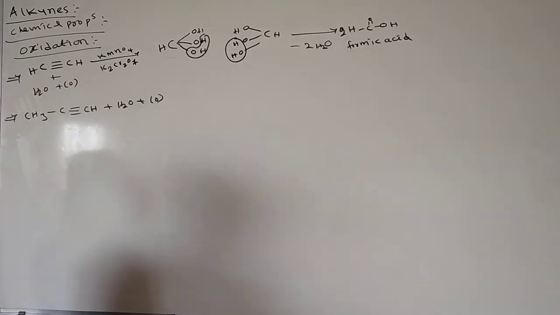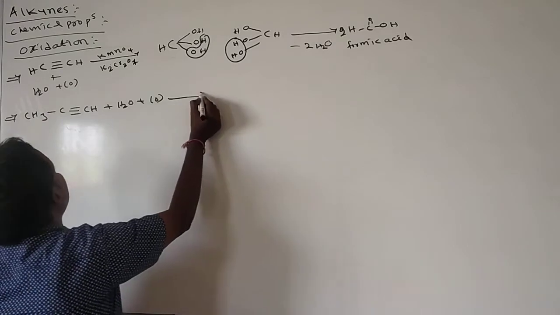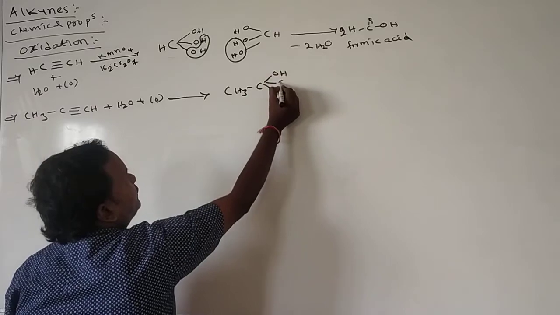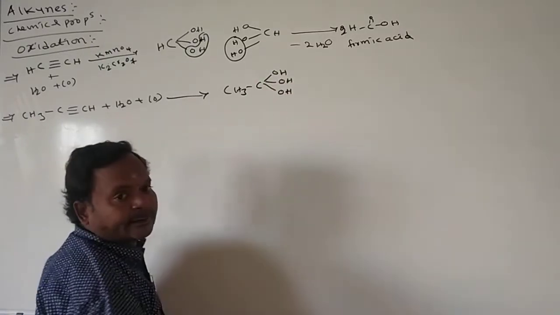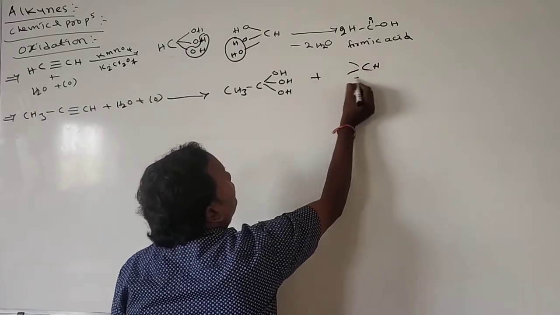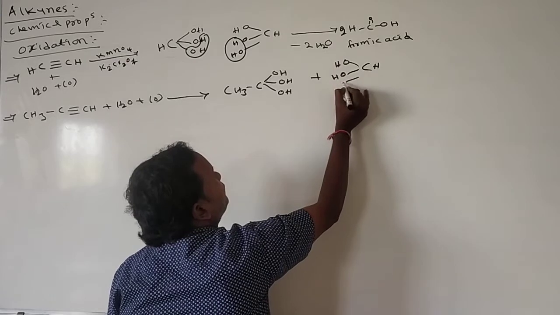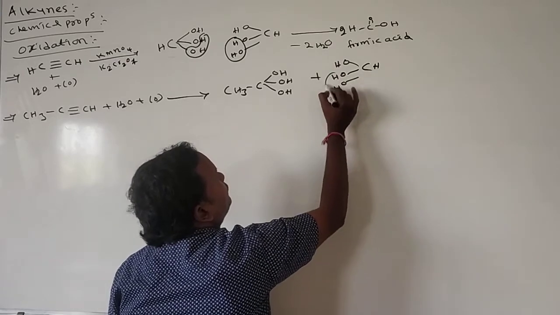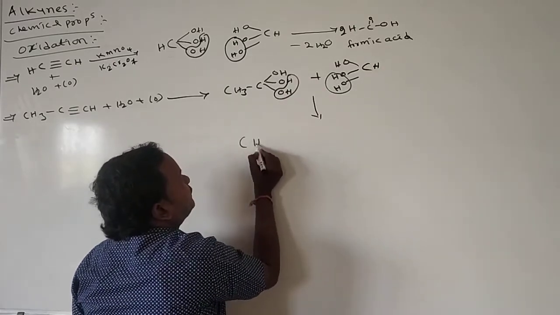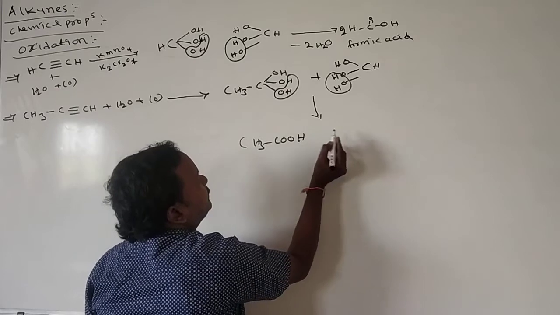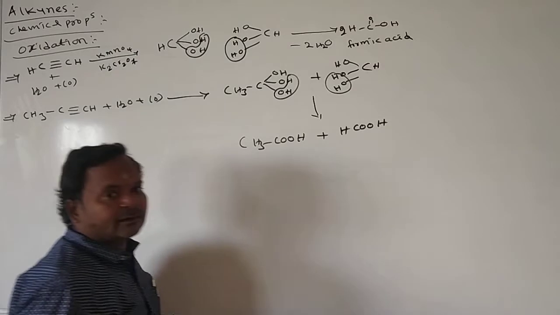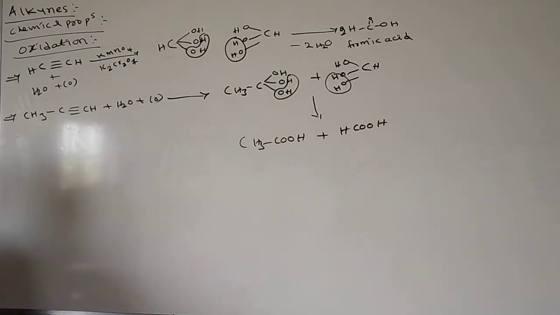Here CH3 C with OH, along with CH with OH, loses a water molecule and forms CH3COOH. Here HCOOH. These are the oxidation products of alkynes.